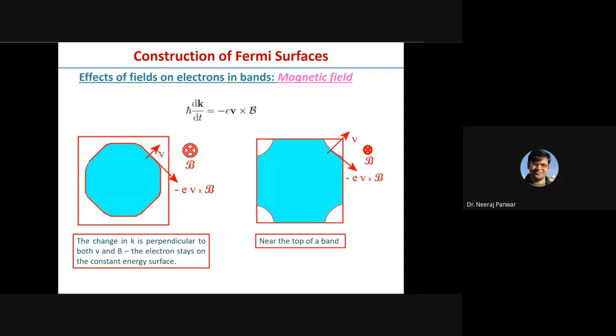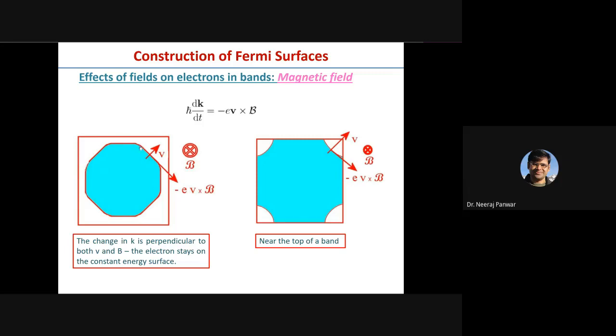ev cross B. So if an electron is moving from the filled state to the empty state in this direction, and the magnetic field is applied, pointing in the inward direction of the plane of this laptop, then v cross B would be in this direction.